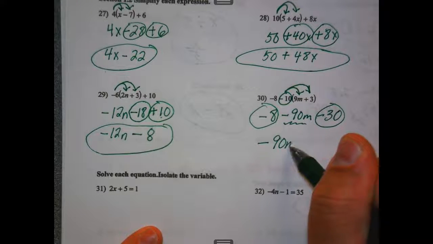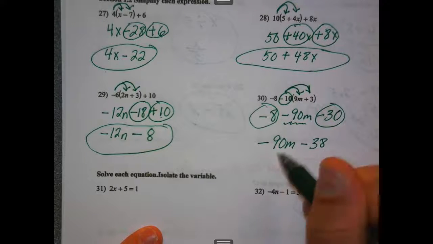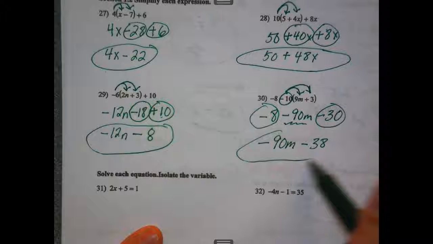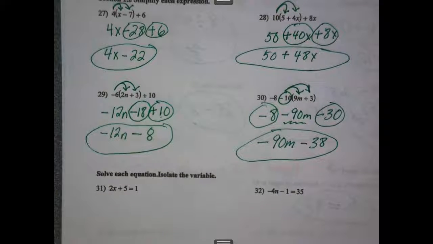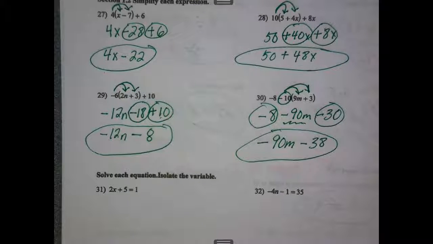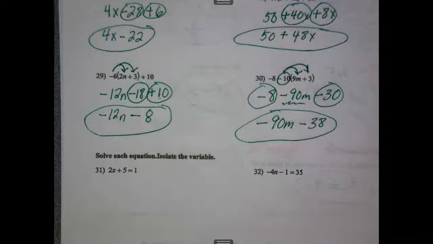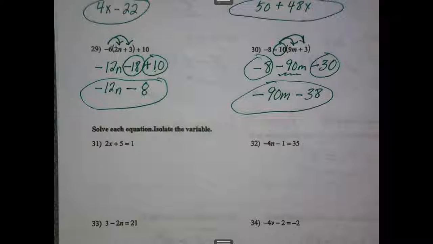Negative 90m minus 38, or negative 38 minus 90m. Doesn't matter. It really doesn't matter in any of the equations or expressions at this point.